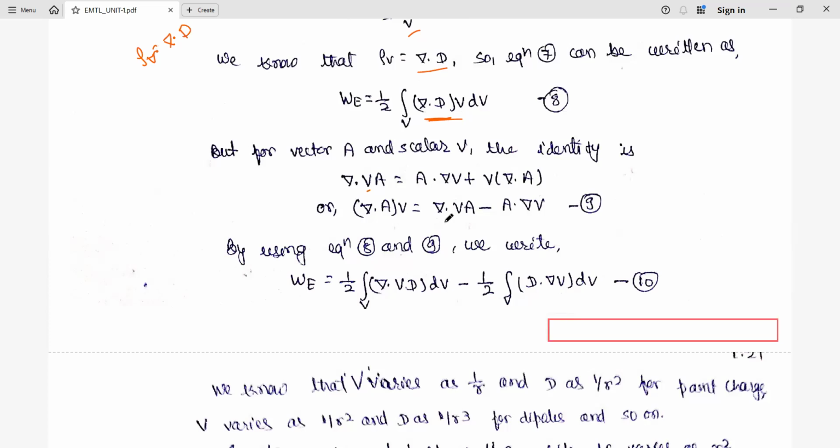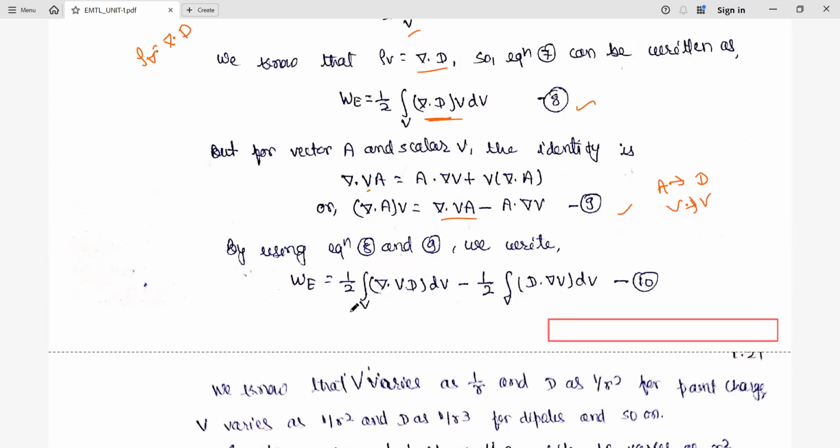So that is del dot VA minus A dot del V. So finally, by using equations 8 and 9, we are going to substitute the values, where A is for us the flux density, and V is for us the potential, that is V only.